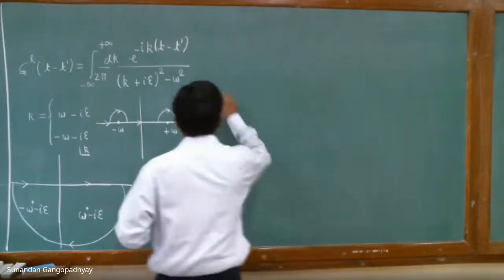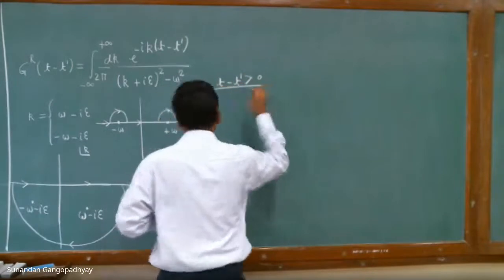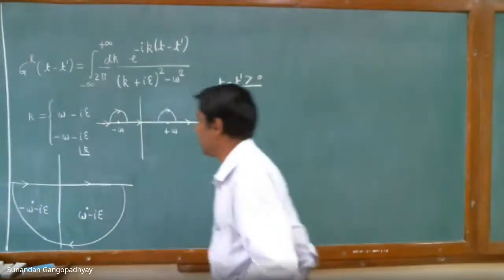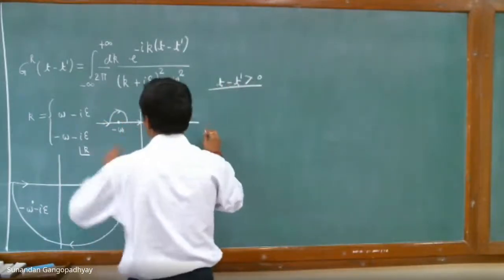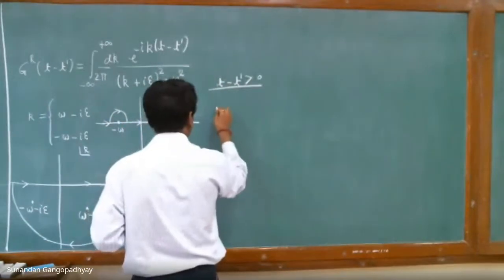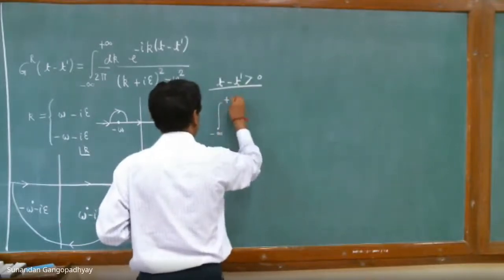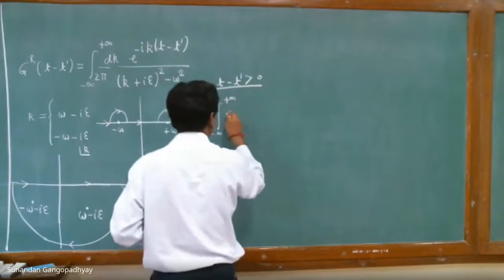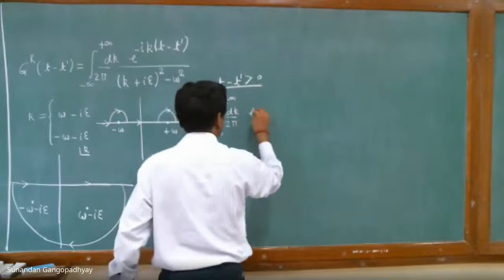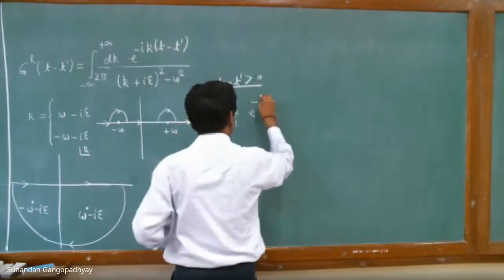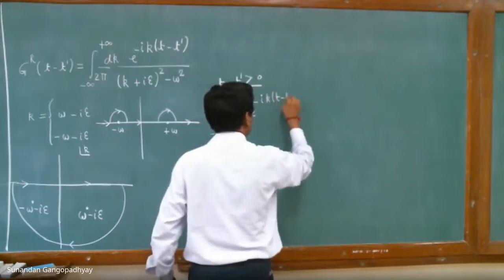So now for t minus t prime greater than 0, close it this way, and therefore we will get two contributions. This integral that we have here, dk by 2 pi, e to the power of minus i k (t minus t prime).